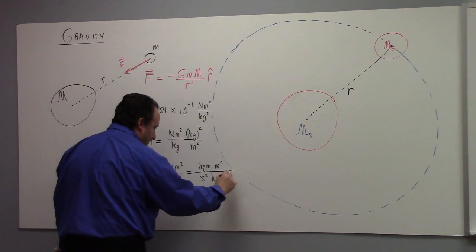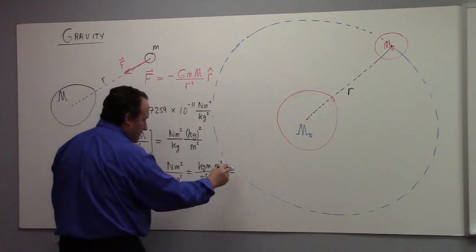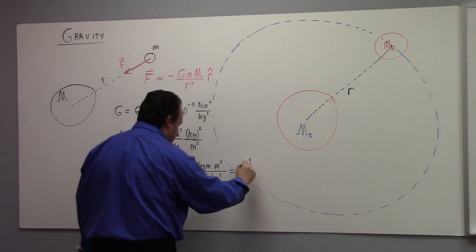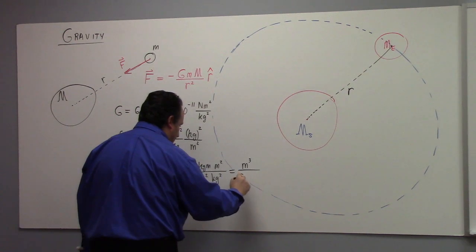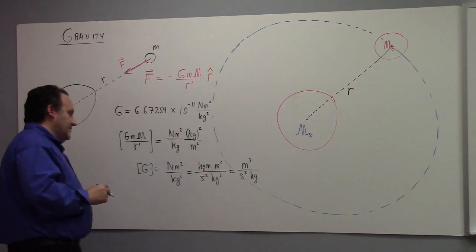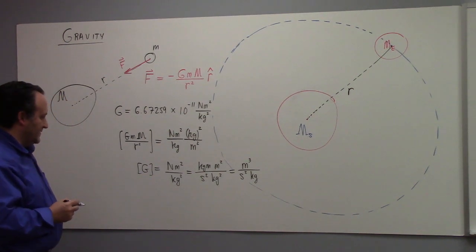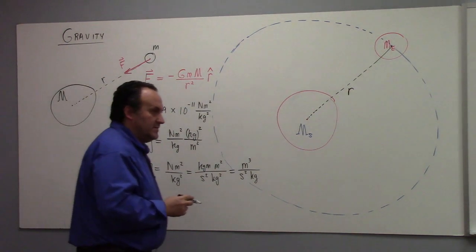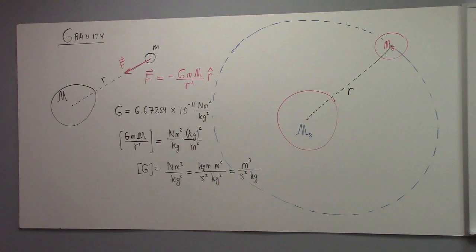So we get meters cubed over seconds squared kilogram. Cubic in meters, dividing by seconds squared, dividing by mass. That should be the units of G, and that's what I just saw when I searched it: meters cubed, 1 over kilograms, 1 over seconds squared. Yeah, that's it.